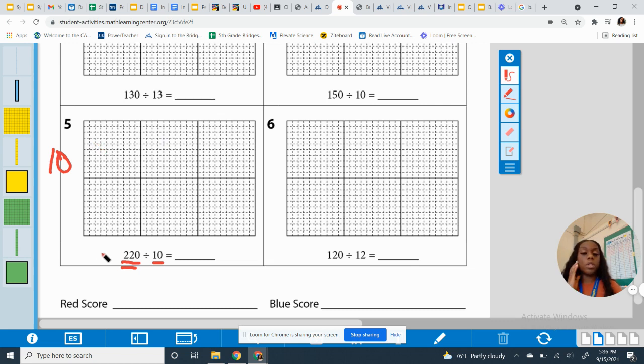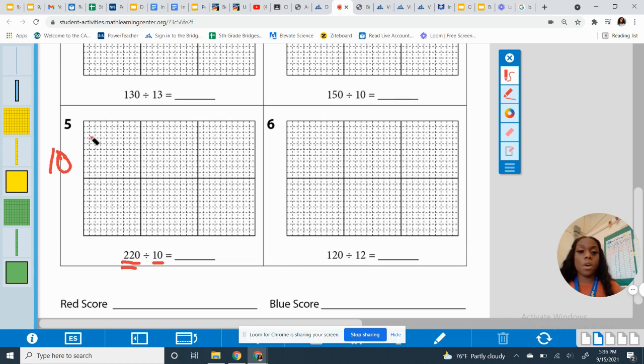Now, here is where you need to really focus, and here's where we've seen a lot of issues today. The divisor matters. When you're using the base 10 grid, the divisor tells you how far down you need to go. So on this left-hand side, I need a vertical strip of 10 squares.